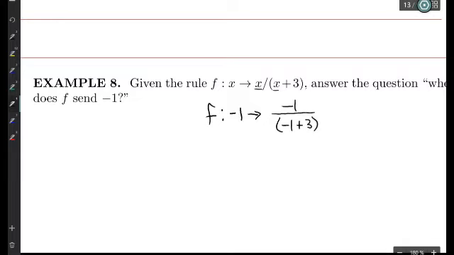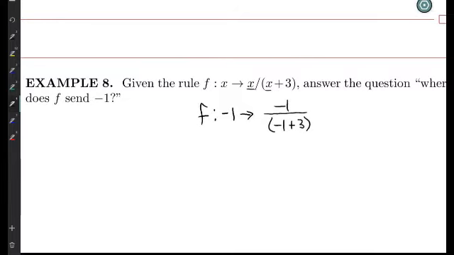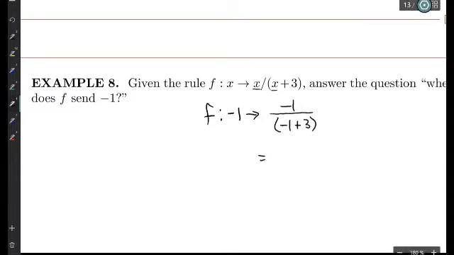And that is equal to negative 1 over 2. So f takes negative 1 and sends it to negative 1/2.